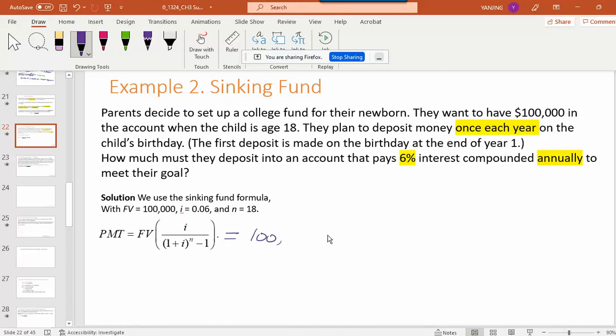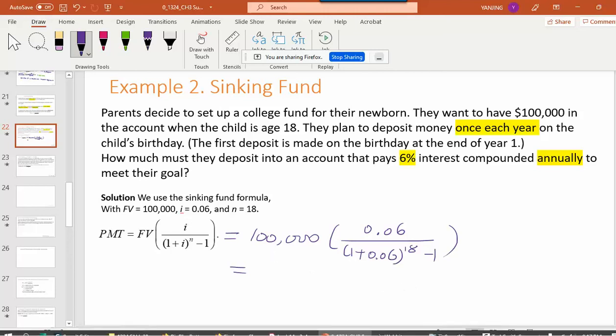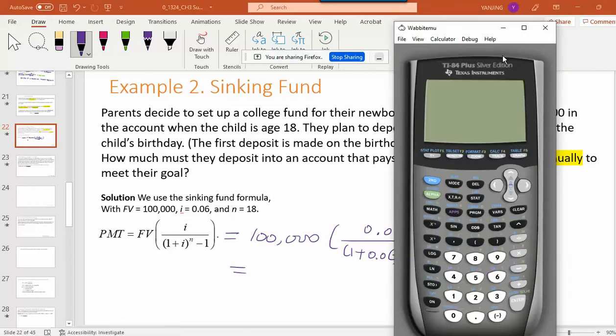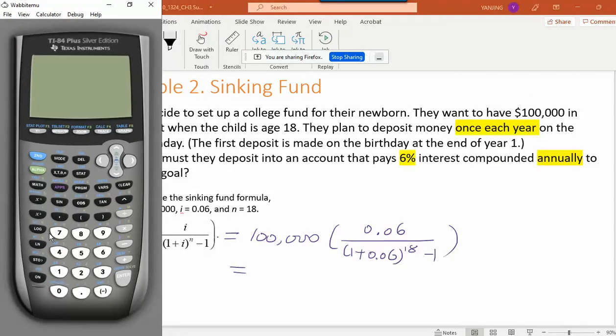I need 100,000, and then i here is 0.06, and here is 18 minus 1. All right, so calculate this one right here. It seems like a lot. I can do this one in a calculator.